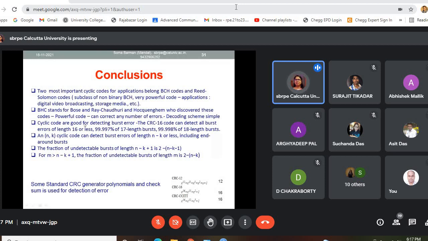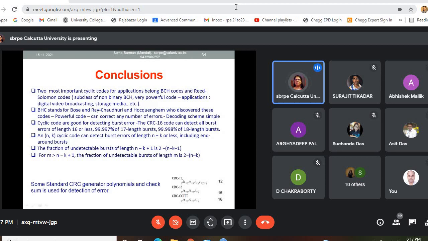So cyclic codes are good for detecting burst errors, as I already mentioned. And there are some standard cyclic codes: CRC-12, CRC-16, CRC-CCITT. These are the standard cyclic codes, and their generator polynomials are also standard.